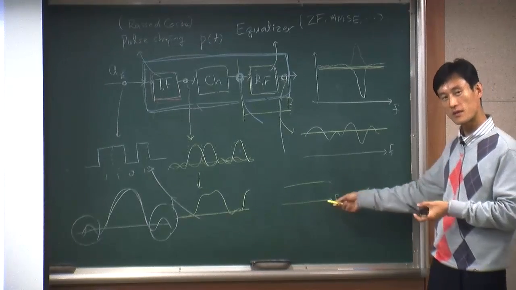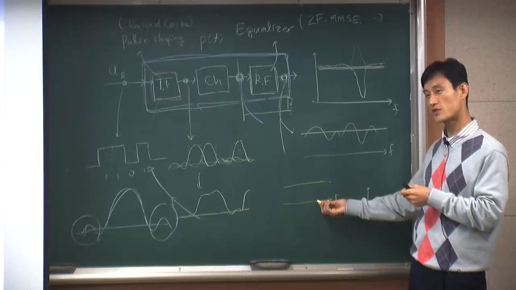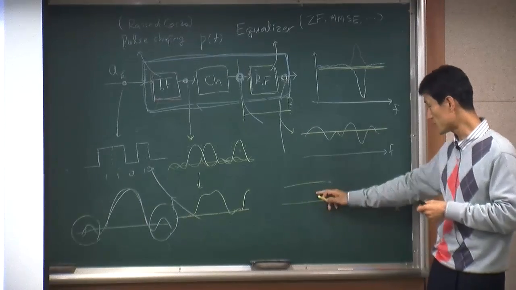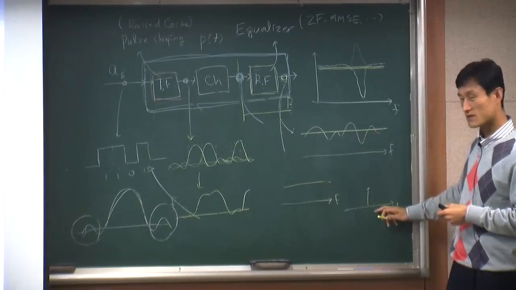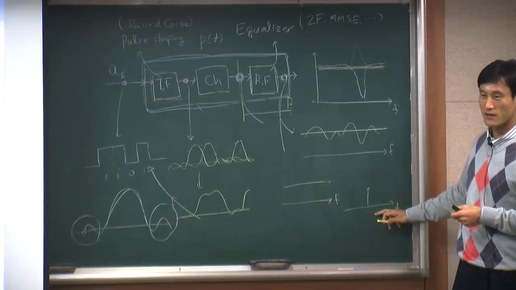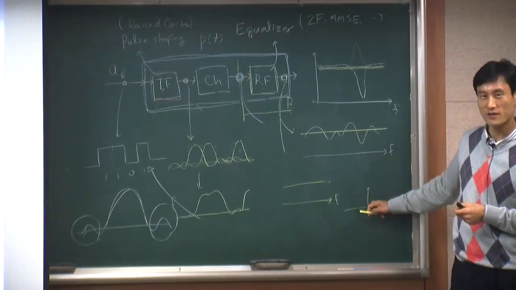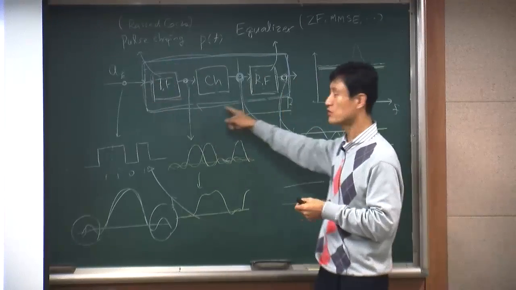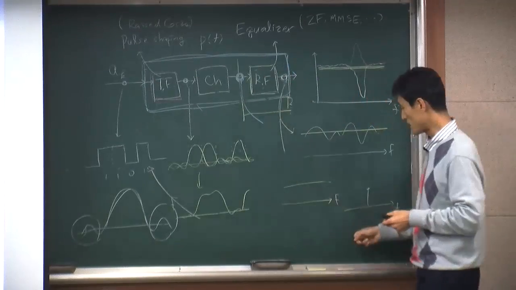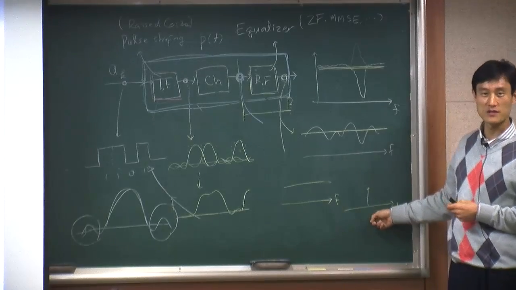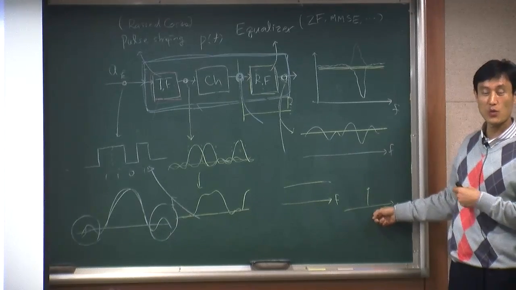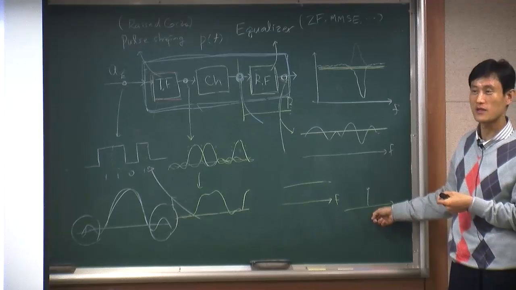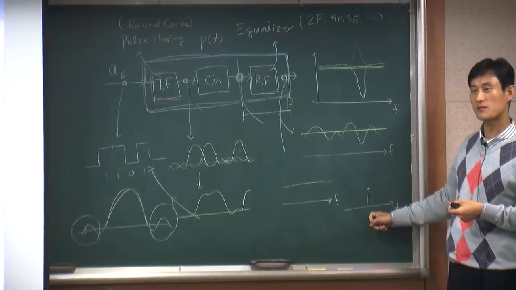Impulse in time. Think about the inverse Fourier transform. We get this, which basically means this in the time domain. And this is what we want, right? Remember the Nyquist channel. The whole thing that we want to do is to make this impulse response, right? That's our goal, actually. We want to have this impulse response.